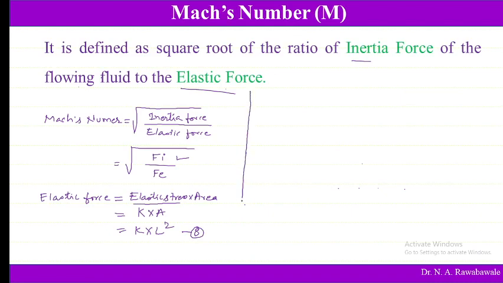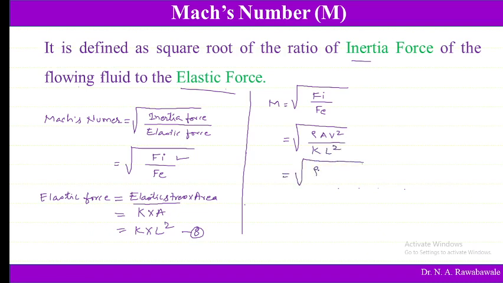Now we can define this Mach number M is equal to square root of Fi divided by Fe. Fi is rho A V square divided by K L square. Again we can write rho A as L square, so L square V square divided by K L square.